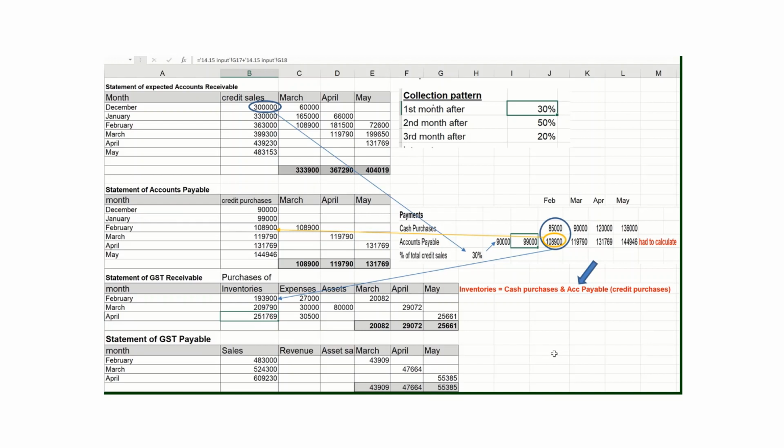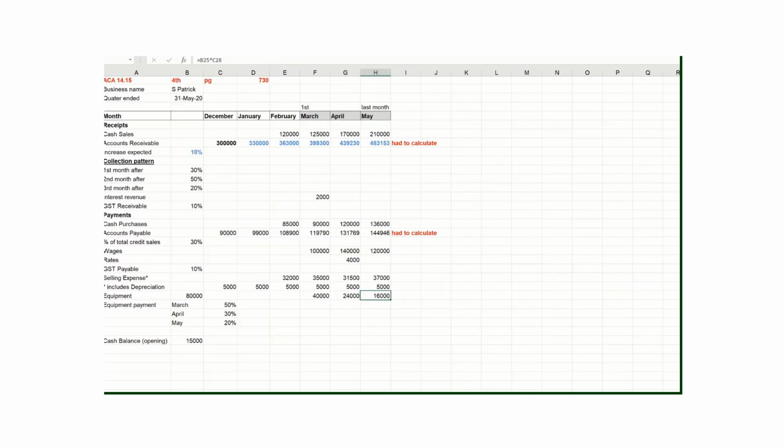When it comes to expenses, these are only expenses that have GST on them. For example, wages is not part of this. Interest is not part of this. And I'm just going to jump here to my input sheet to show where we got the 27,000. If you hop into your input sheet, you will see selling expenses there, 32,000 for February, but it includes depreciation.